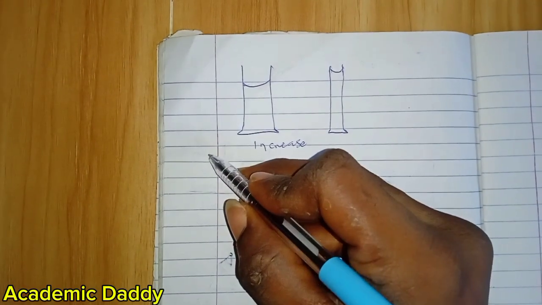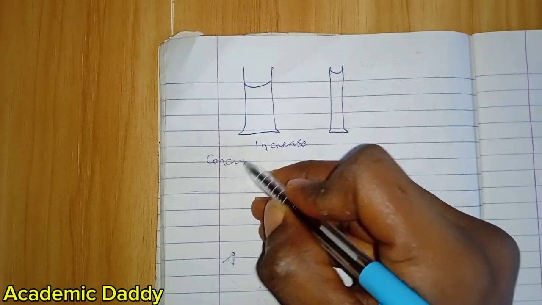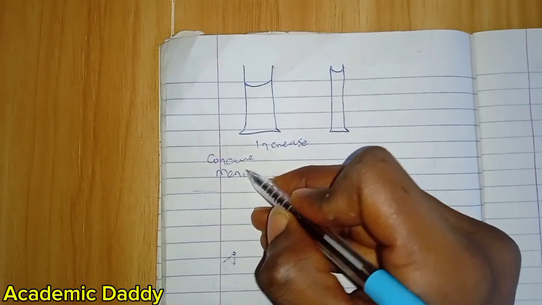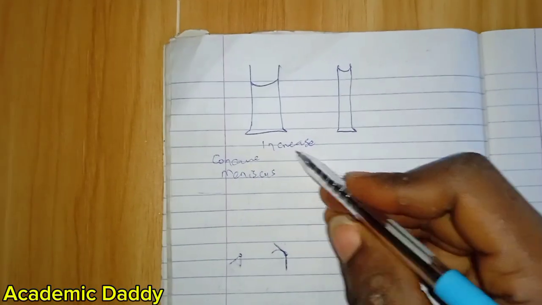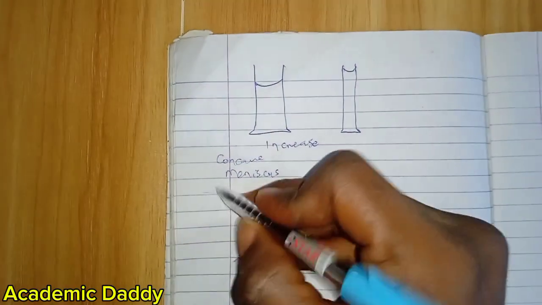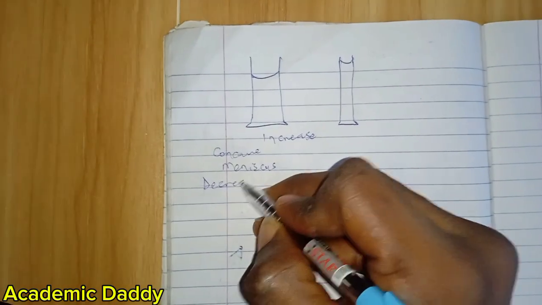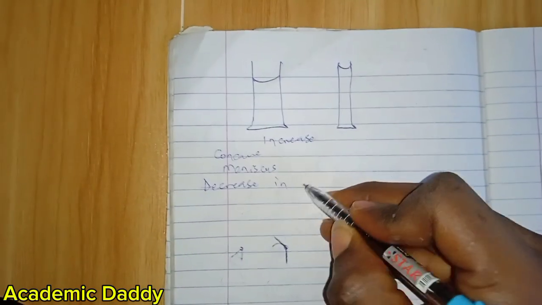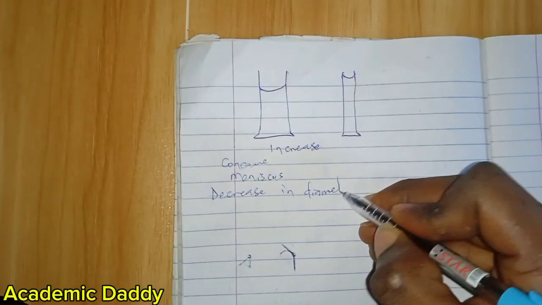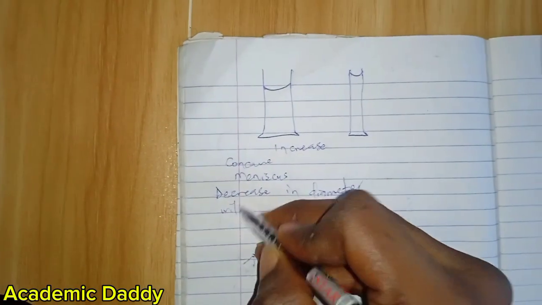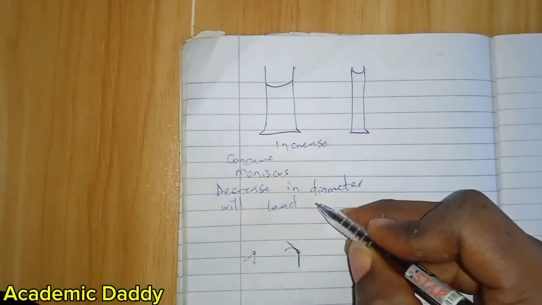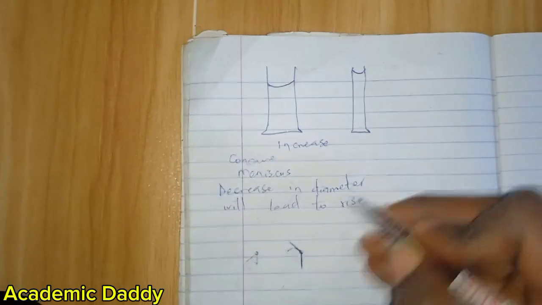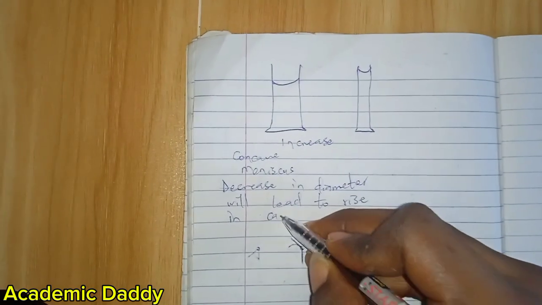If it is a concave meniscus, the minute you decrease the diameter, decrease in diameter will lead to rise in capillarity.